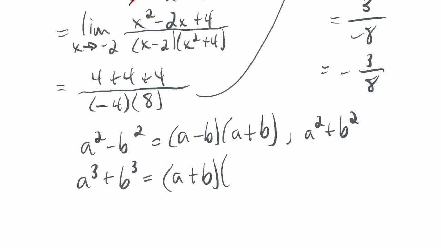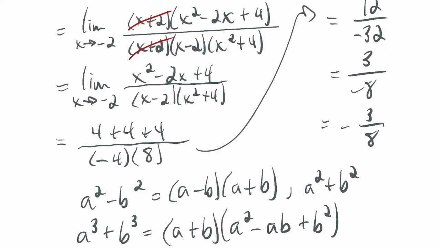Now, sum of cubes does. So a plus b times a squared minus ab plus b squared. Okay? Which is how I got x squared, because a was x, and then 2 times x plus 2 squared, because b is 2 in this case.